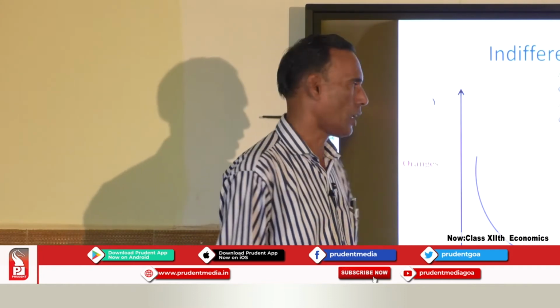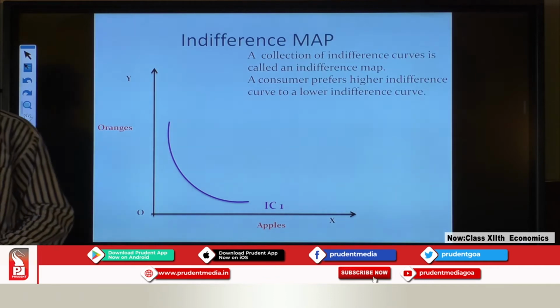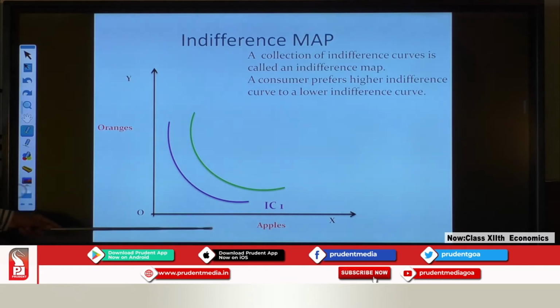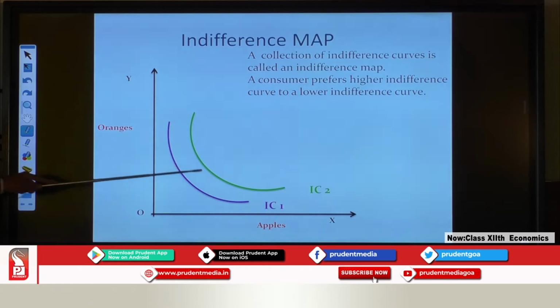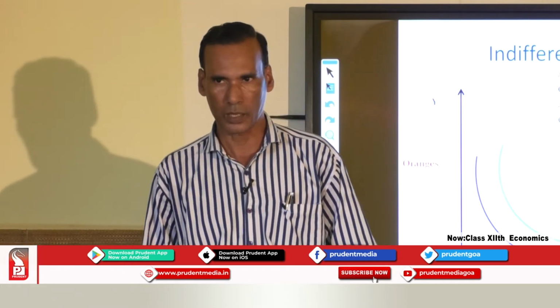IC1. Now, any point lying on this, as I explained to you earlier, gives the consumer the same level of satisfaction, whether it is here or here or here. I have drawn another indifference curve, IC2. All the points that lie on this indifference curve give the same level of satisfaction to the consumer.